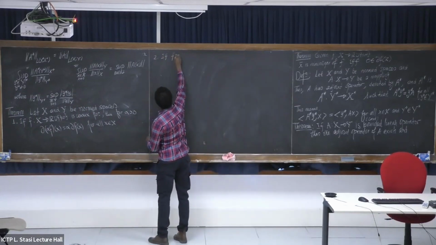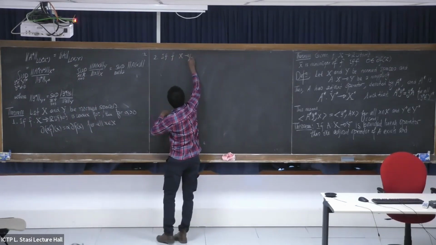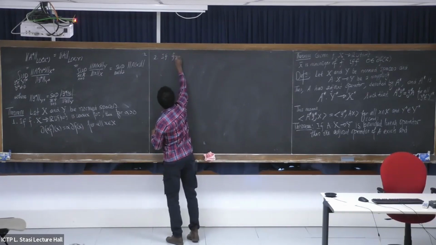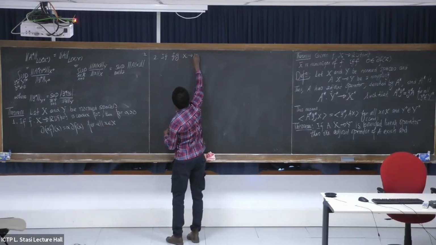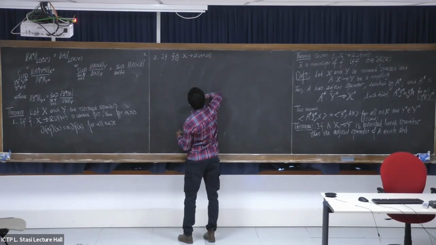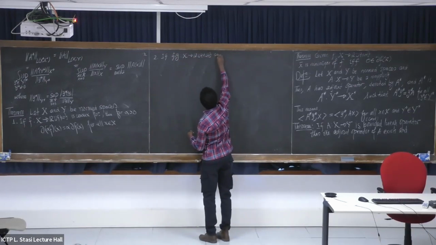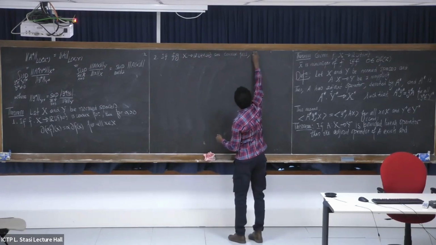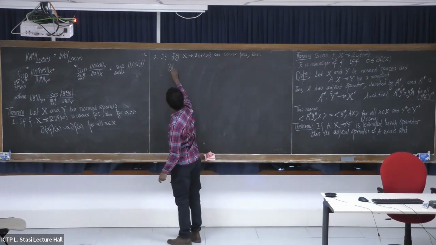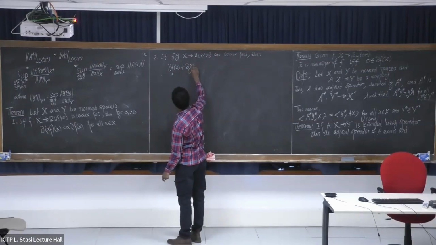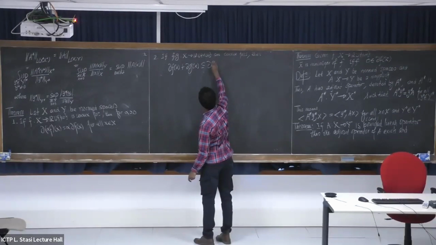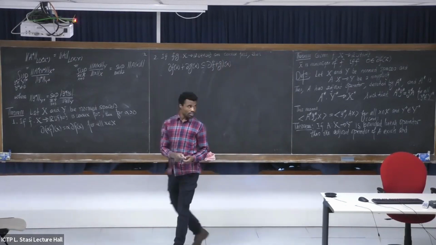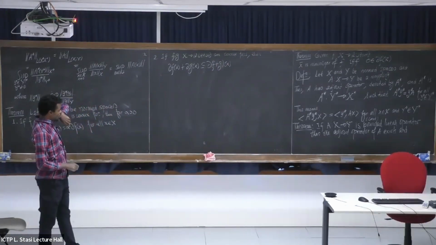If f and g are convex functions, then the subdifferential of f at x plus the subdifferential of g at x is a subset of the subdifferential of f plus g at x, for x in X. Equality is preserved under two conditions.